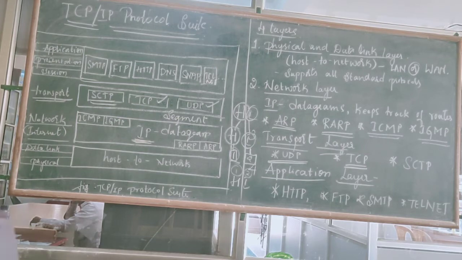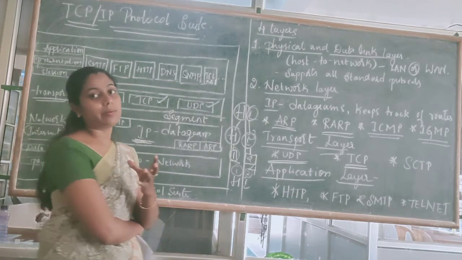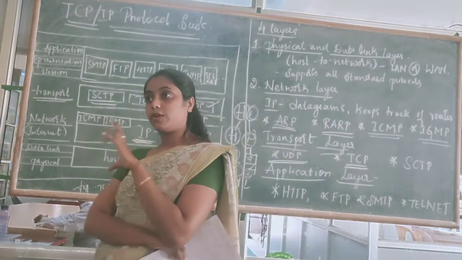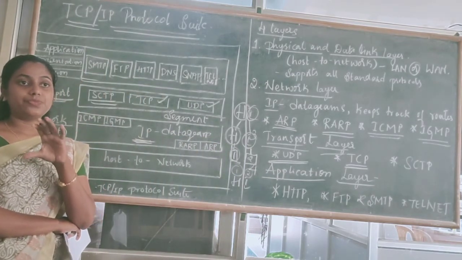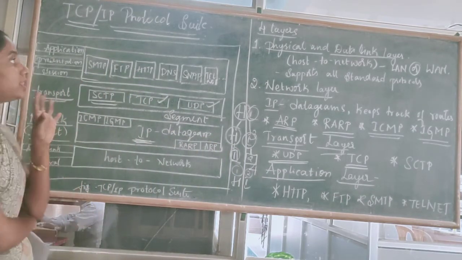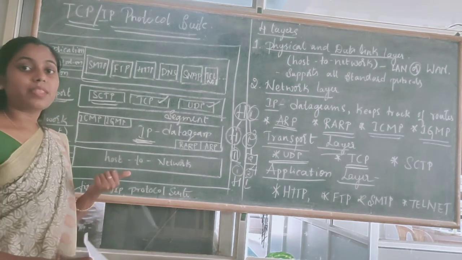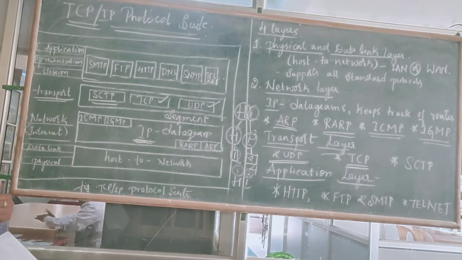So the application layer is one of the most important layers of the TCP/IP protocol suite, and it combines three different layers of the OSI model. The first three layers of the OSI model are combined in the TCP/IP protocol suite: the application layer, presentation layer and session layer.